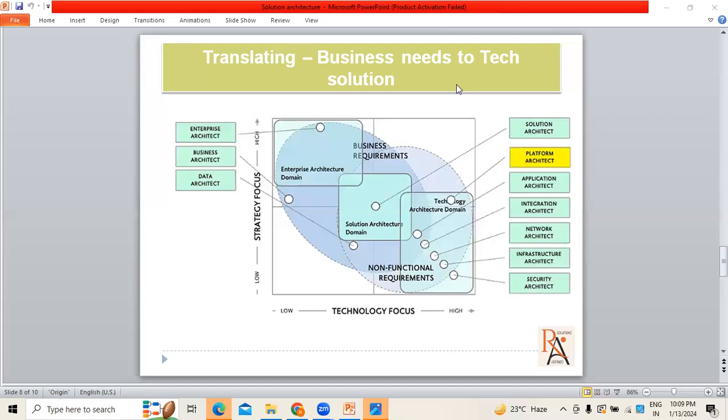The whole application comes under the data perspective.